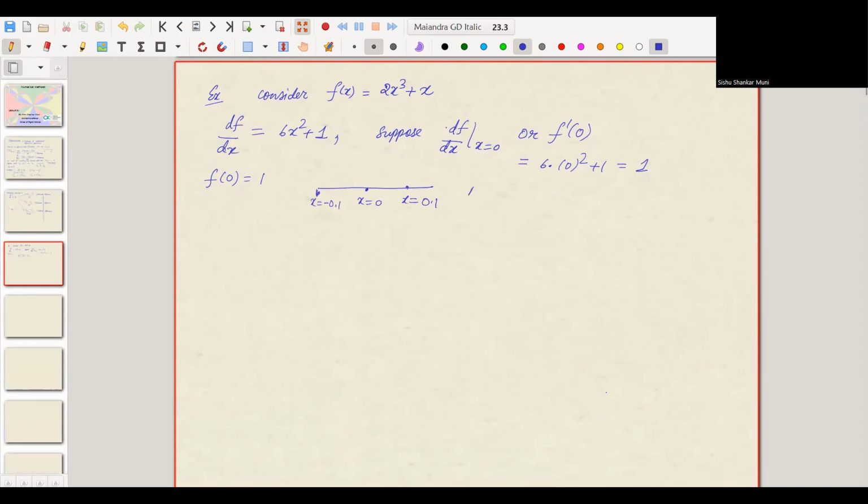So our step size delta x is 0.1. You can take any step size, up to you. But we will see that the smaller the step size you take, the more accurate the result gets. We will do this using Python soon. Can anyone tell me what is f of minus 0.1?